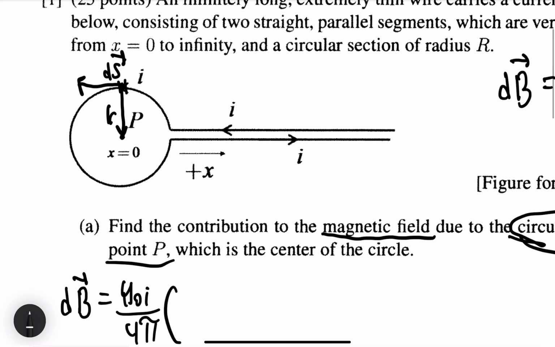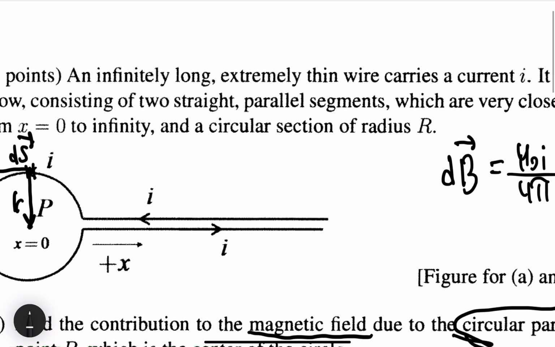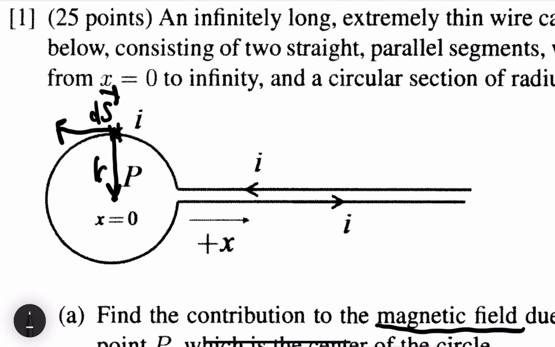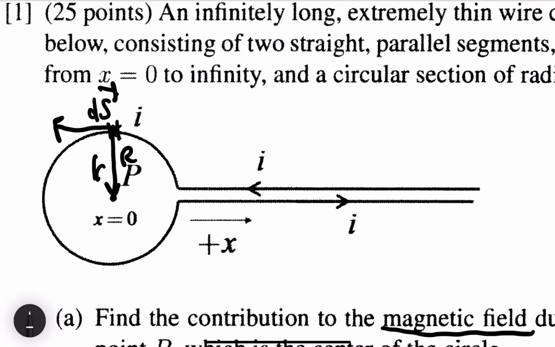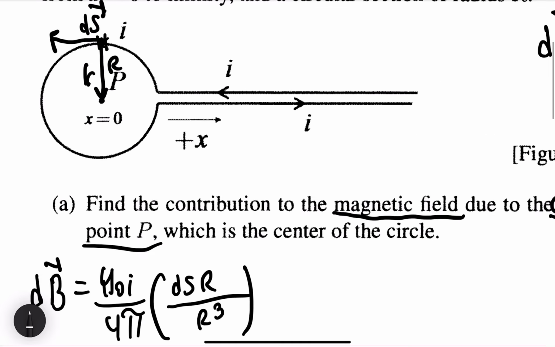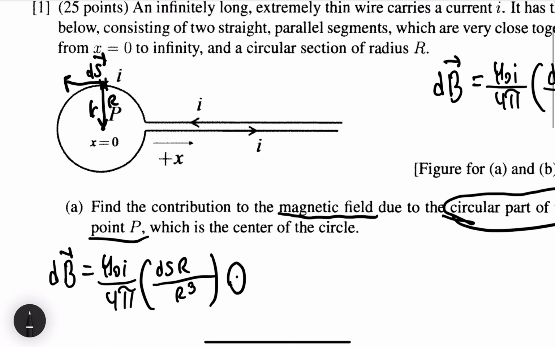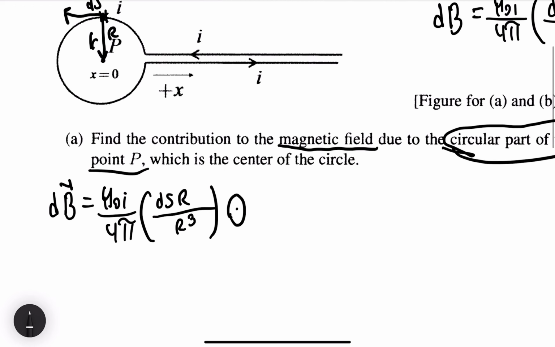If I put my palm on ds and curl my fingers towards r, I would get ds times r, where r is the radius of the circle, big R, divided by r cubed, and it would be pointing out of the page. Because my thumb is pointing up, my magnetic field is out of the page.